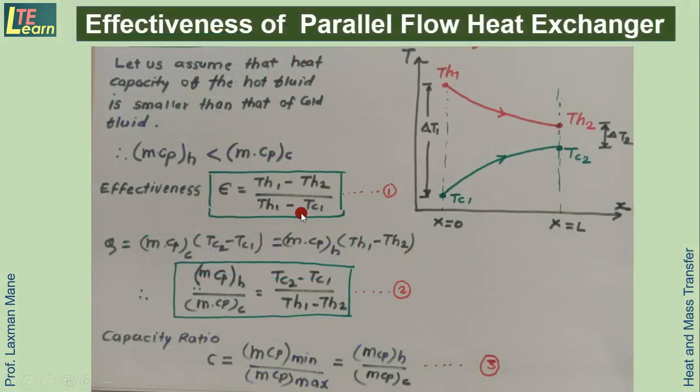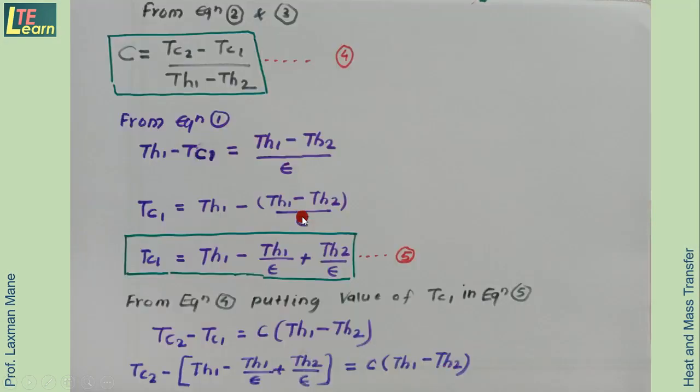Now from equation number 1, we can take this term to the left side. So TH1 minus TC1 is equal to TH1 minus TH2 divided by epsilon. Again, by taking TC1 on one side of the equation and other terms on the other side, we get this. After that, separating this denominator, and if we take this minus sign inside the bracket, then it becomes plus.